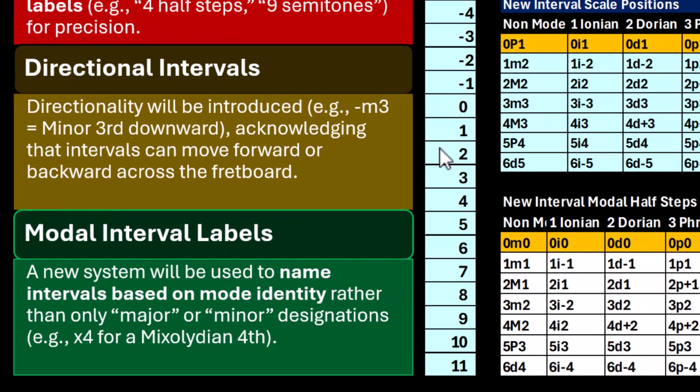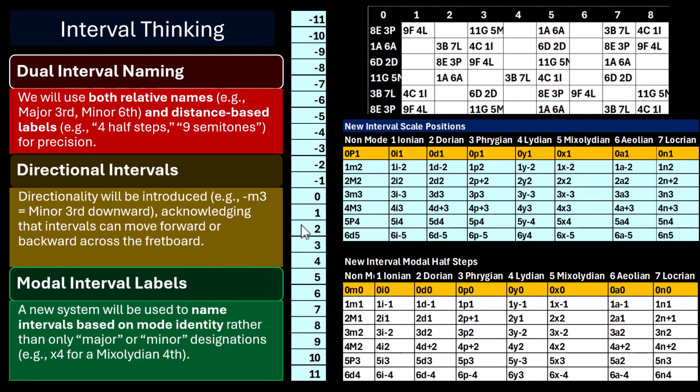A new system will be used to name intervals based on mode identity rather than only major or minor designations. We might have something like an X4 for the Mixolydian fourth. If we were creating the system today, we wouldn't say the major scale is the master scale and all the other modes are of lesser importance, and therefore name all the distances as they compare to the major scale.